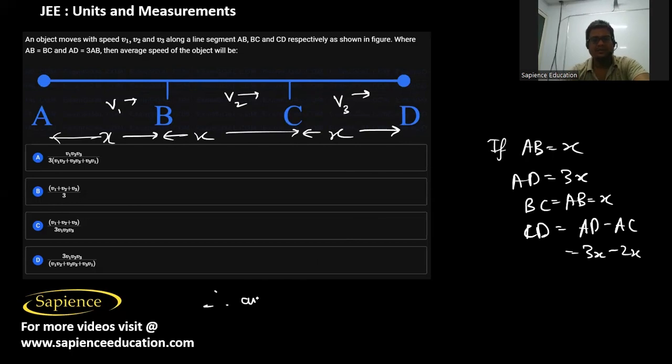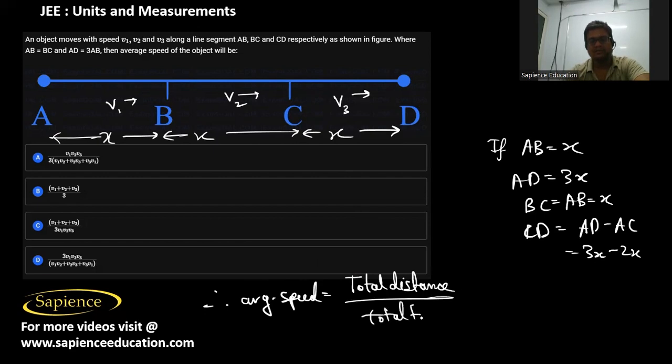So the average speed, as you know, is equal to the total distance traveled divided by total time. The total distance traveled will be 3x, divided by total time, that is t1 plus t2 plus t3.